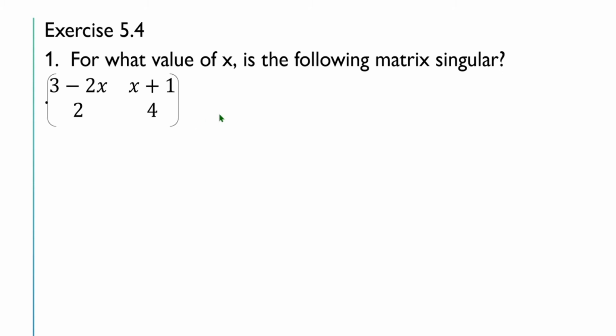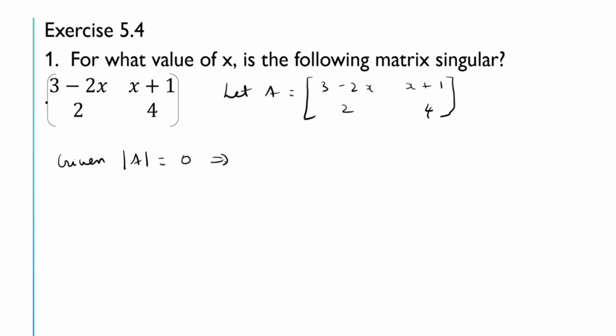So let us take A equal to this matrix: 3 minus 2, x plus 1, 2, 4. It is given A is singular, so determinant of A equals 0. We find the determinant: 3 minus 2x into 4 minus x plus 1 into 2 equal to 0.